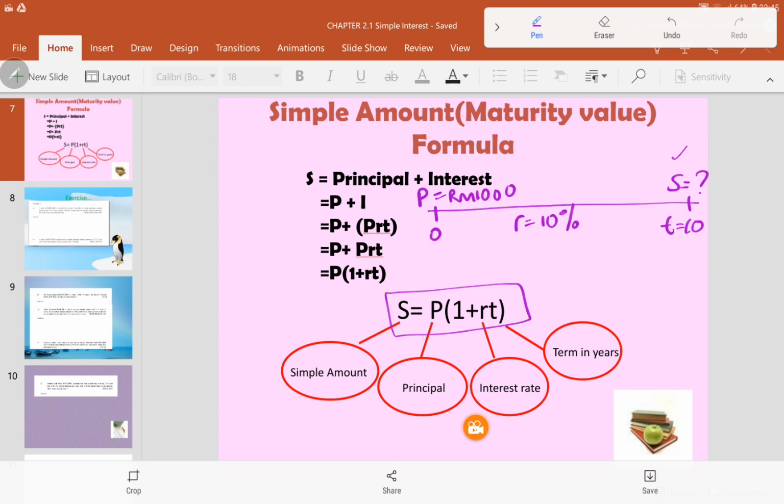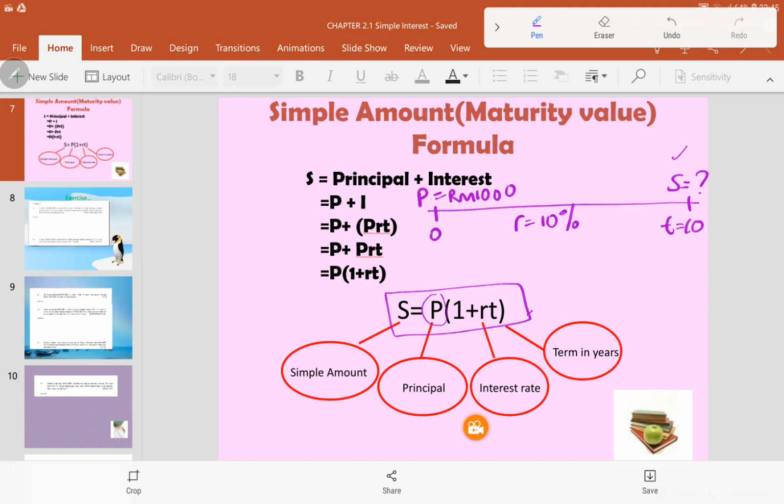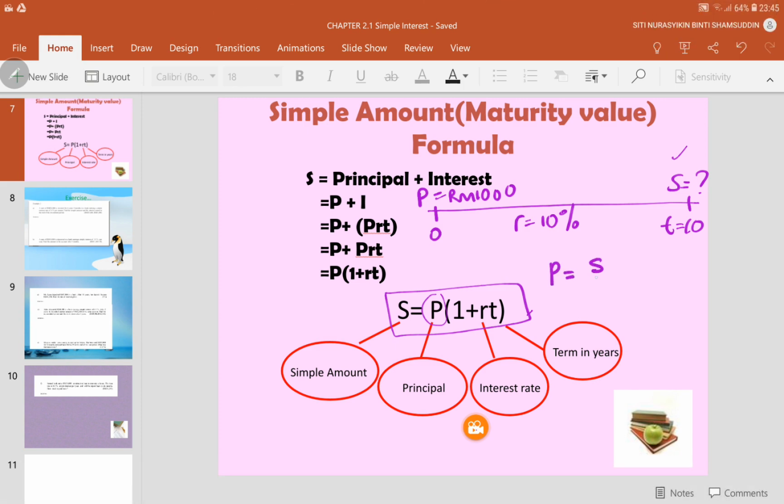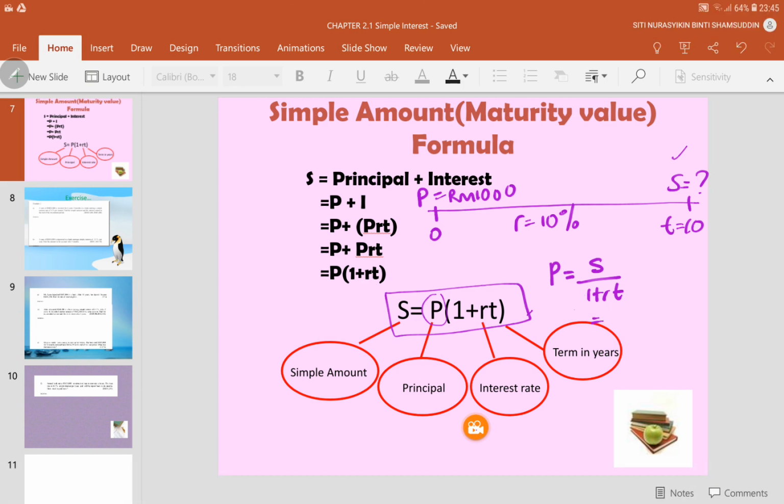Now, another formula that you need to know is the present value formula. Actually, you can just use the simple amount formula to find P. Basically, the formula for present value is, if you want to find P, P is S divided by 1 plus RT, or if you bring the 1 plus RT up, P equals S times 1 plus RT to the power of negative 1.